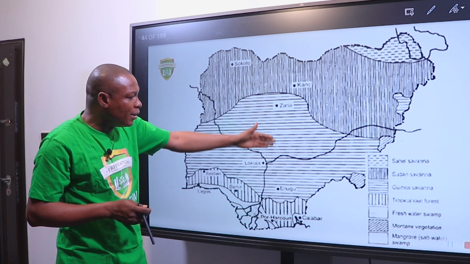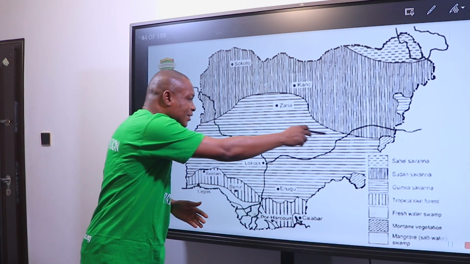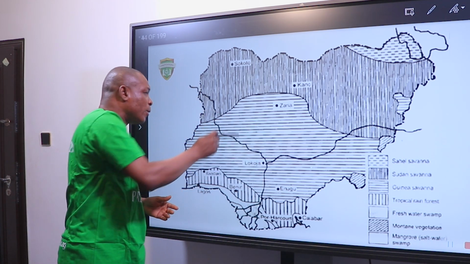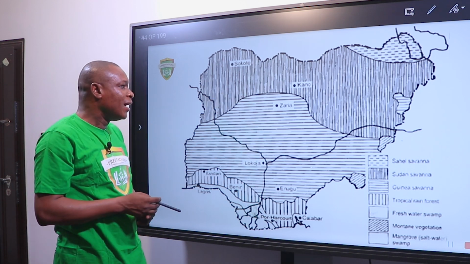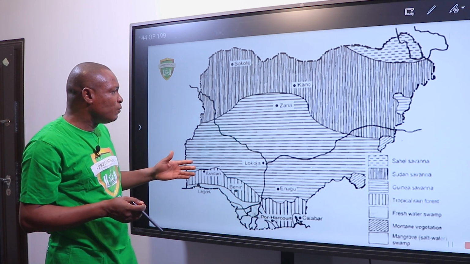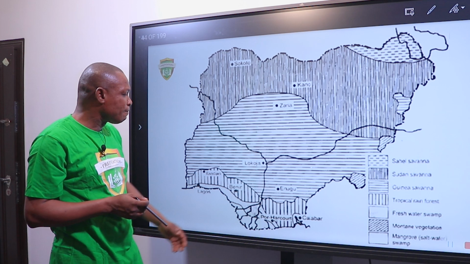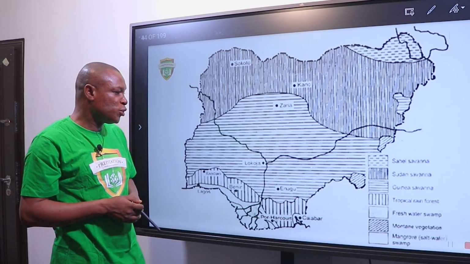We are talking about the Guinea savanna. You can see that the Guinea savanna is the largest vegetation belt when you look at how the vegetation belts are demarcated. Places within this belt include Zaria, Lokoja, Enugu states, to mention a few.